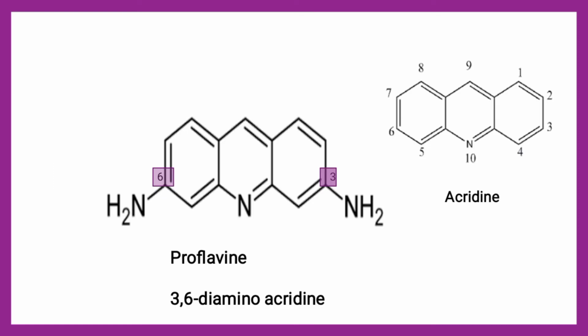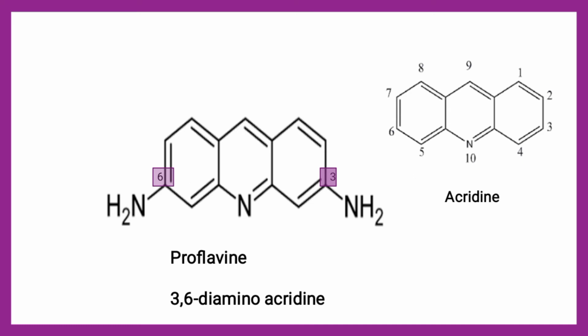Now this is the structure of proflavin. Now why is it known as 3,6-diaminoacridine? Because this is 1, 2, 3, 4, then 1, 5, 6, 7, 8, 9, 10. So this is the third and sixth position. There are 2 amino groups, and this middle ring, as you can see here, and see the numbering also.